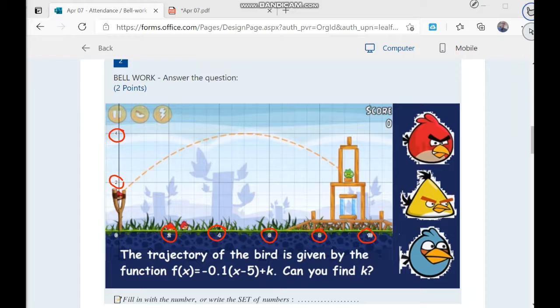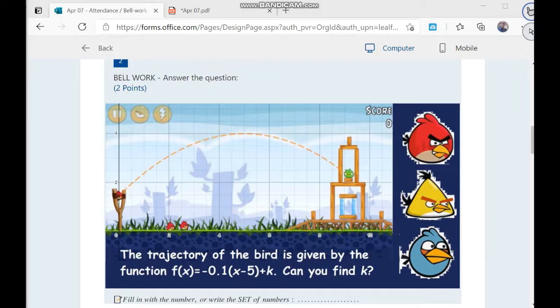To solve this bell work, we need to identify the vertex. Where is the vertex? We've talked a little bit about this before. The vertex is going to be the maximum or the minimum, depending on the shape of the parabola.